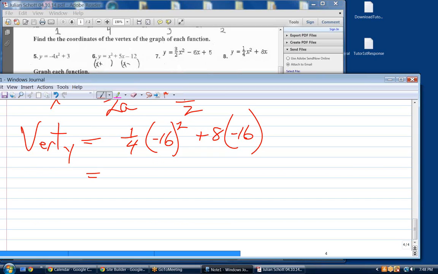You have a calculator in front of you? I have my phone. Go ahead, you're probably going to have to use it to square 16. Is that 256? So what do I write right here? 1/4 parentheses 256, plus or minus?